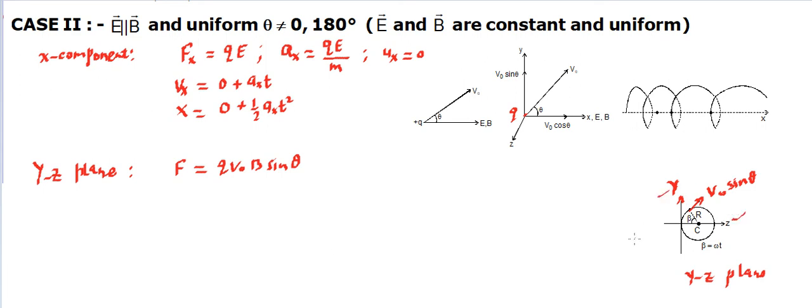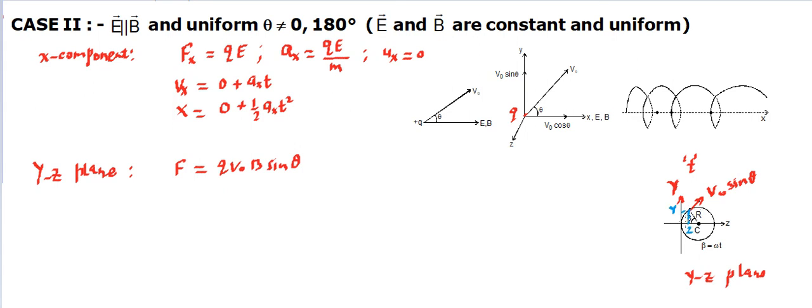After time t, since it's moving with angular velocity omega, the angle it forms is beta, and beta is omega into t. Once we have this angle, we can find the coordinates of this point: this is the z coordinate, and this is the y coordinate.